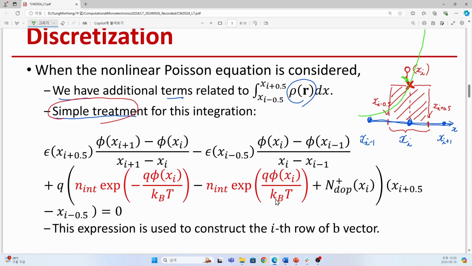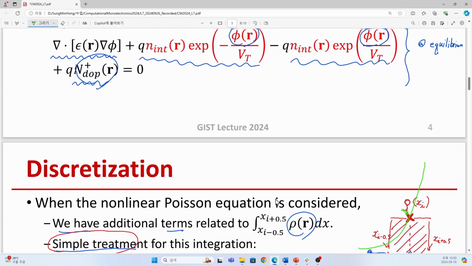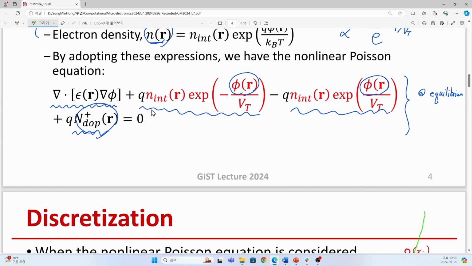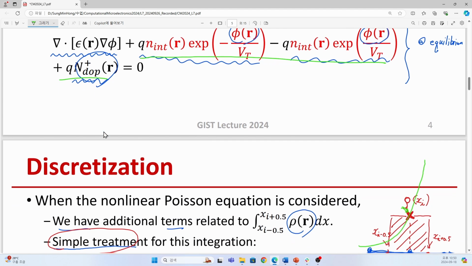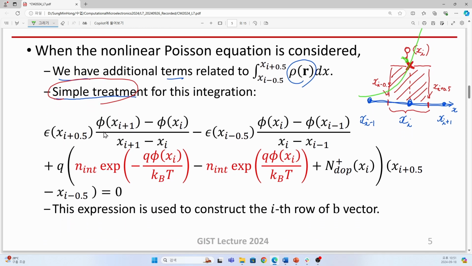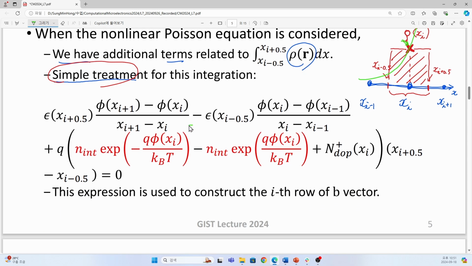So please note that now you have the original functional form, and its discretized form just looks like this. What we have done is just to introduce the sampled values at x sub i and evaluate that function. By performing this, we will get just rho evaluated at x sub i.